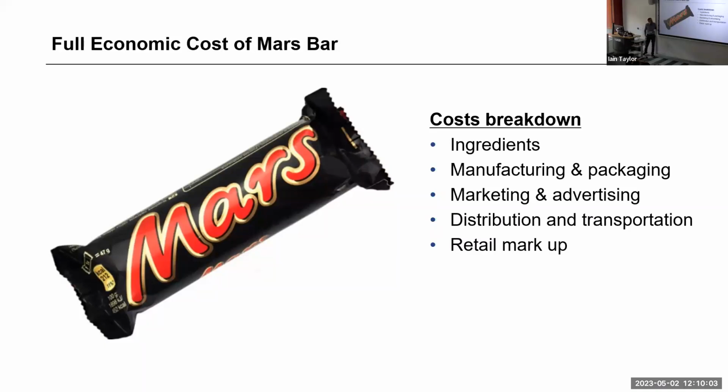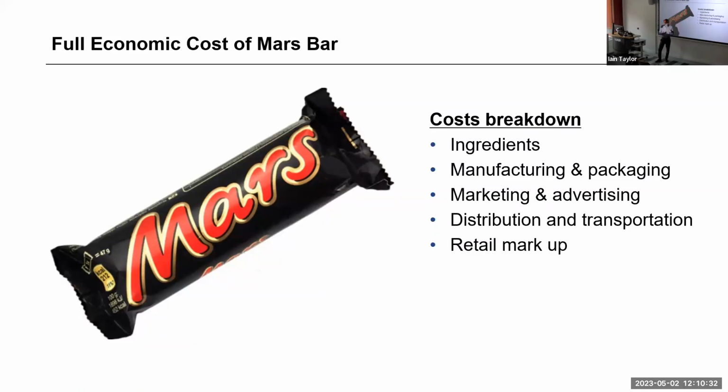From what I can see, these are the costs involved in producing a Mars bar: the ingredients, manufacturing and packaging, marketing and advertising, distribution and transportation, and then the retail markup, which might include taxes.